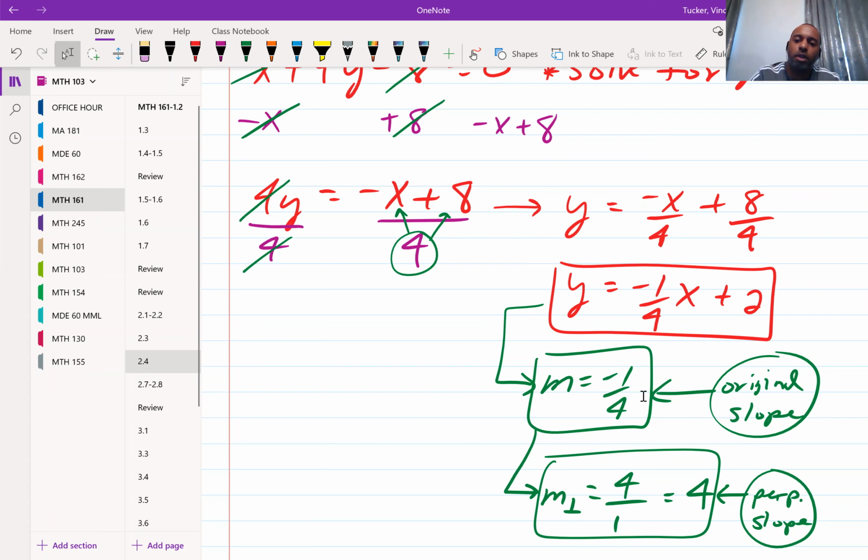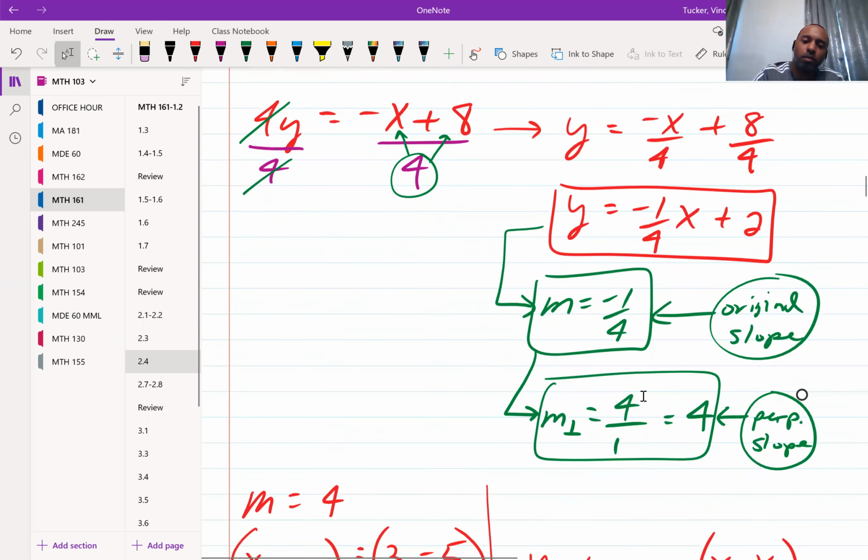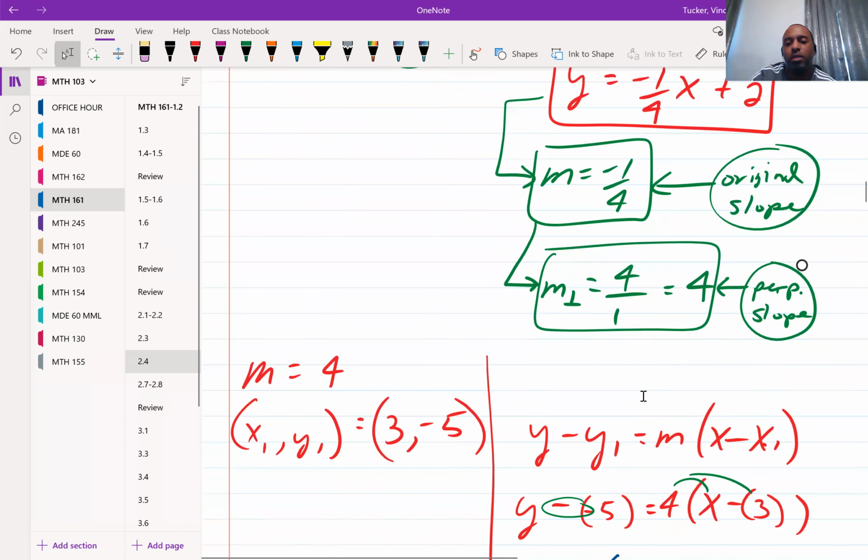All right, everybody okay? So 4 for our slope, 3, -5 for our point. Plug in your values accordingly.